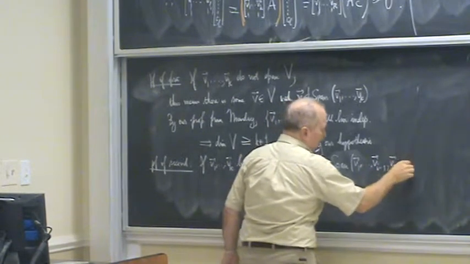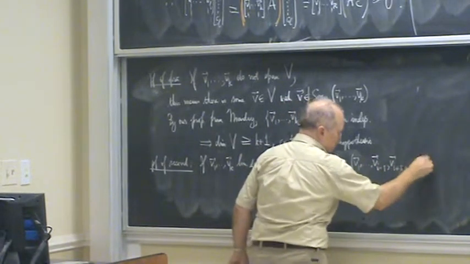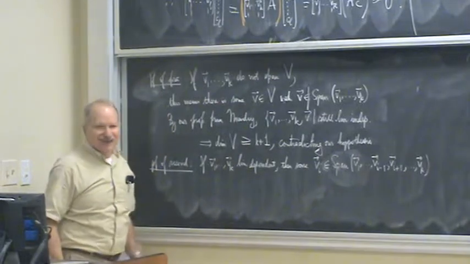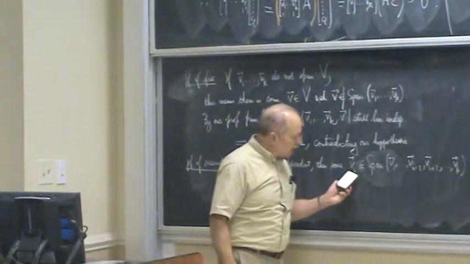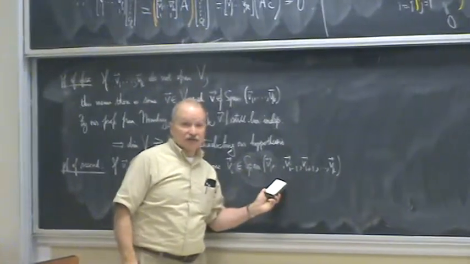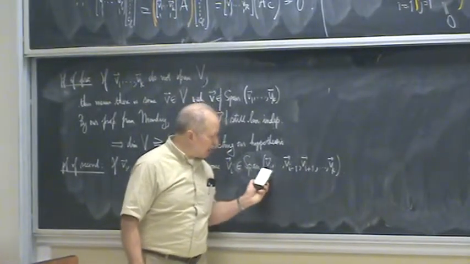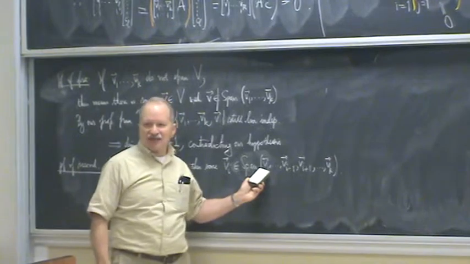Now you start to see why I never use this kind of thing as a definition, because it's yucky to write. Okay, so if they're linearly dependent, you can write one of them as a linear combination of the others. But then you would have fewer vectors spanning the same space.